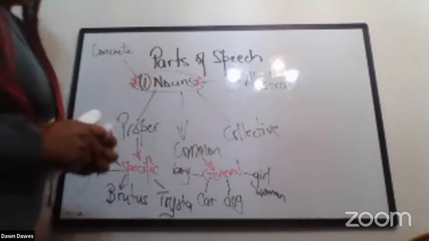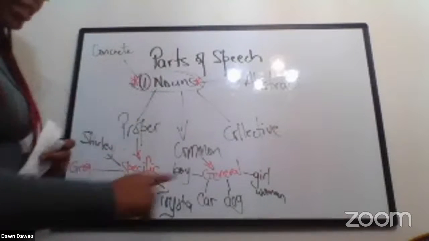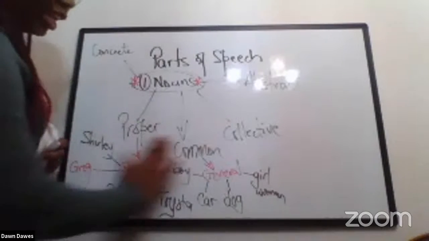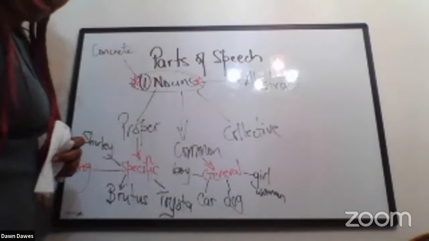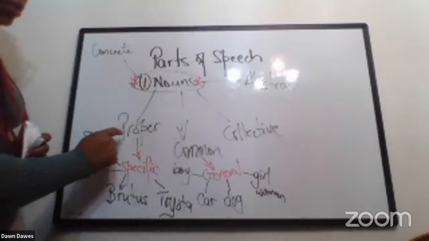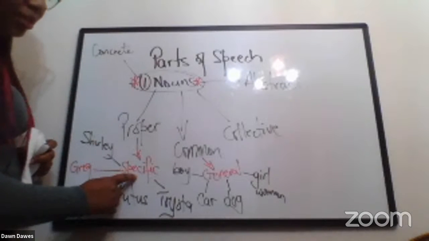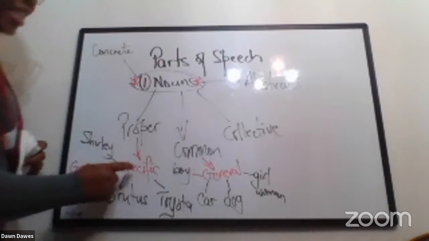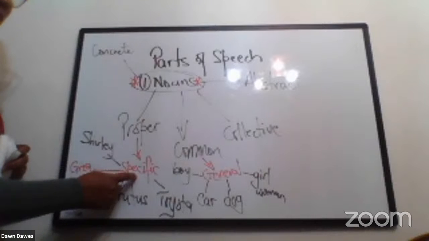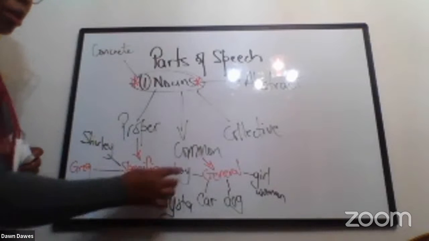Okay, so at this point, if it were face-to-face, I would have asked any questions. I take it that there are no questions, so we're going to move on. Before we move on, let's go over this. So nouns, we said that they're naming words. We have proper nouns and common nouns. Proper nouns are specific names. Common nouns are general names. So examples: for a car, the general name would be car, specific would be Toyota.